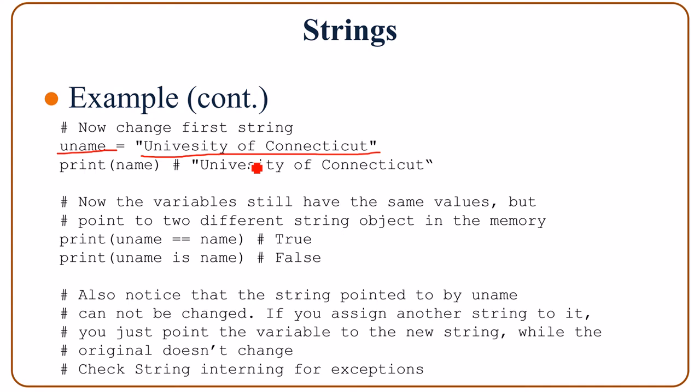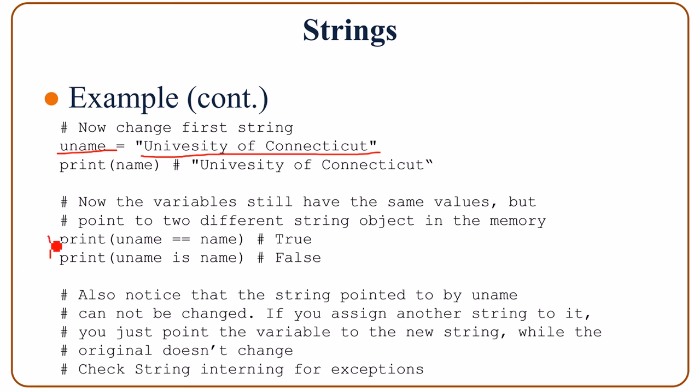Now you may think probably this doesn't change anything because previously uname was assigned to the string University of Connecticut in the memory, and now you just run it again, assigning uname to the string University of Connecticut. However, actually this line of code creates another string, University of Connecticut, in the memory and assigns uname to it.